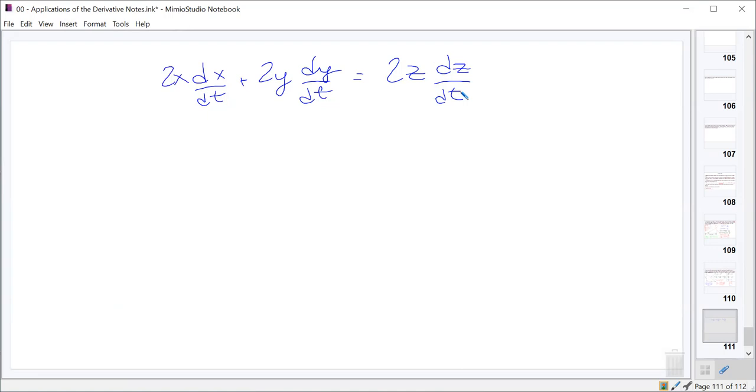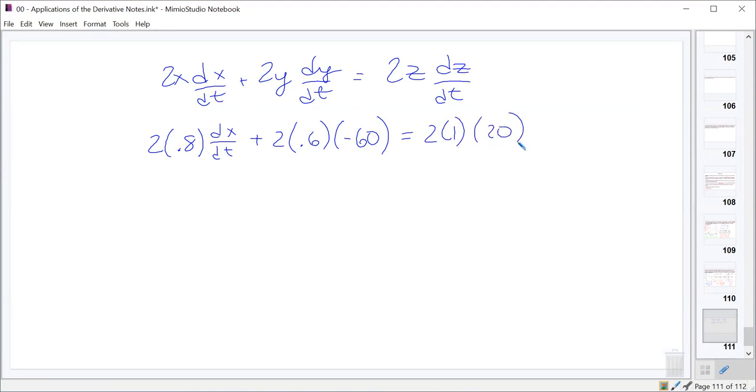We had x equal to 0.8, so 2 times 0.8, and then dx/dt is actually what we were looking for. And then we have 2y, where y was 0.6, and dy/dt was our value of negative 60. And then we had 2z, where z was 1, with dz/dt equal to 20.